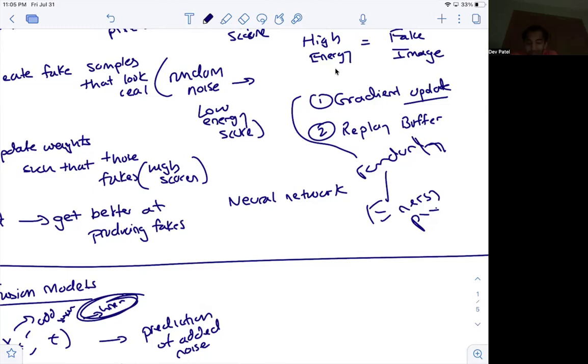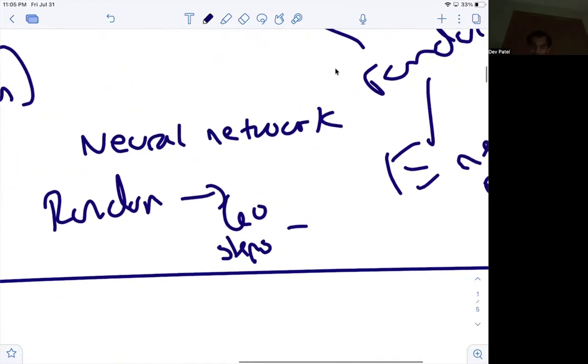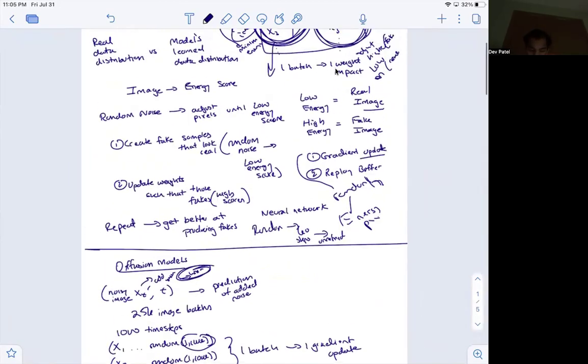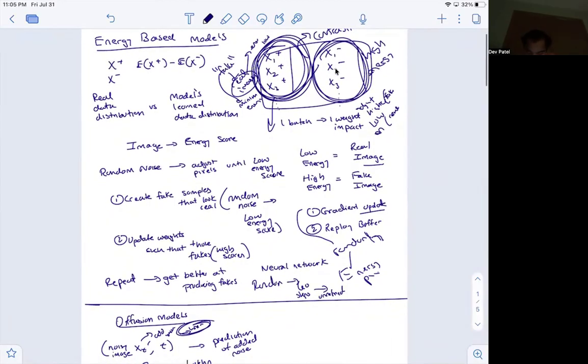Then we have this replay buffer, saying that we don't want to start from random noise every single time. What happens when you start from random noise every time and you only do, let's say, 60 steps of adjusting the pixels? You get a very unrefined image.